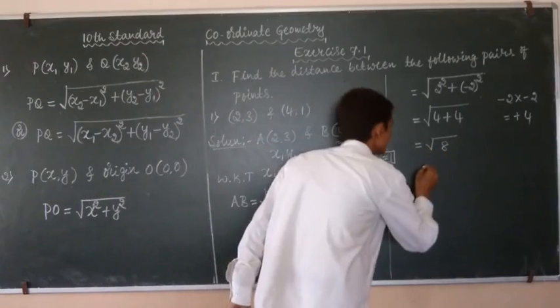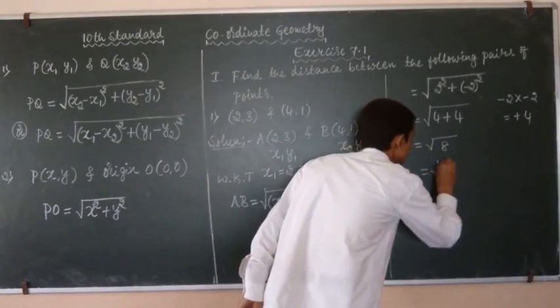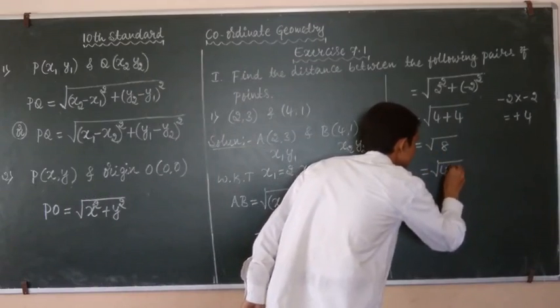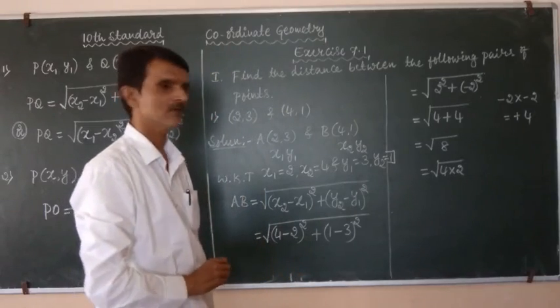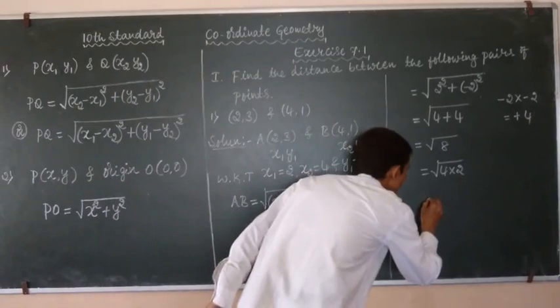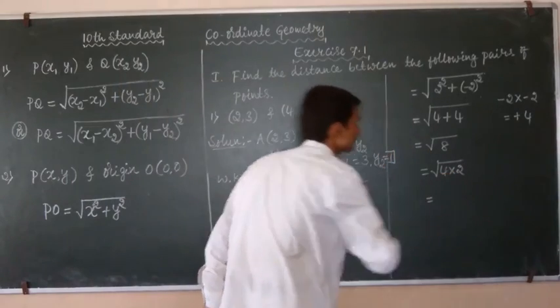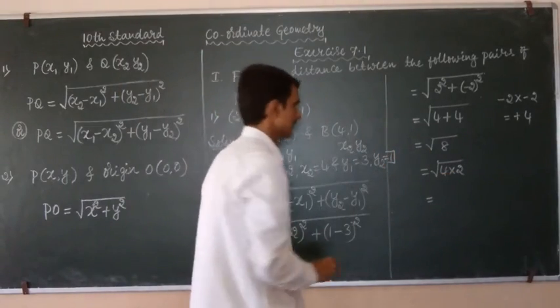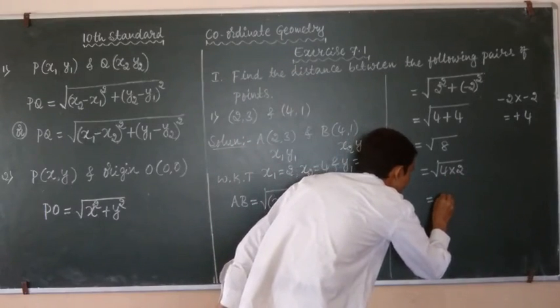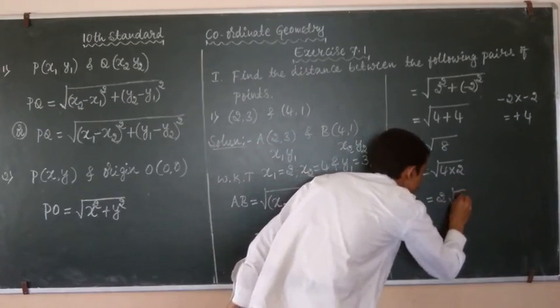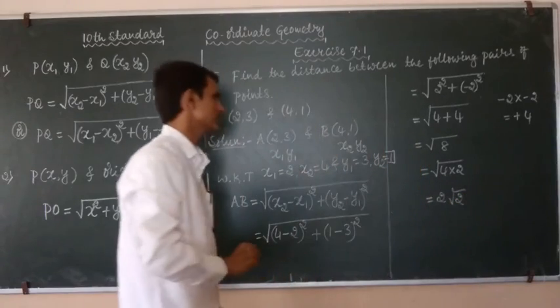So therefore this can be written as root of 4 into 2. Root 8 can be written as root of 4 into 2. Because 4 is a perfect square, it is taken outside the root, and it will become 2 root 2.